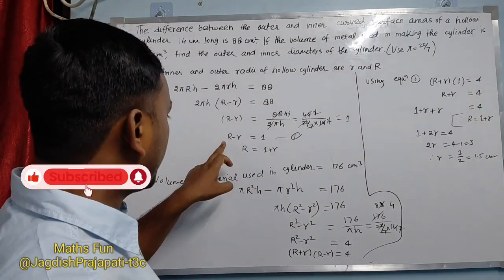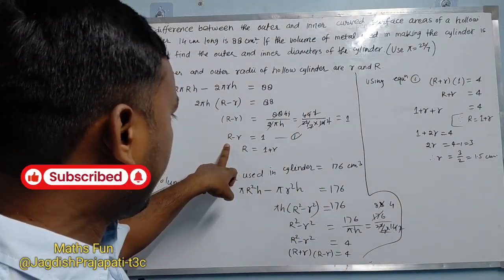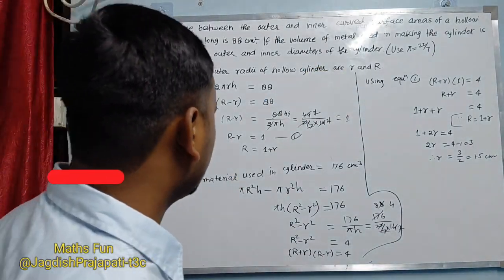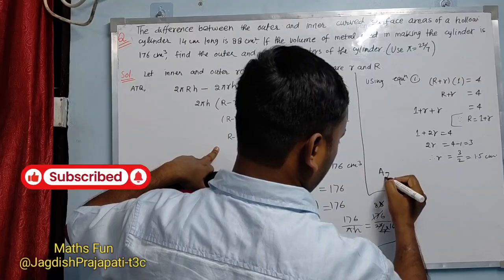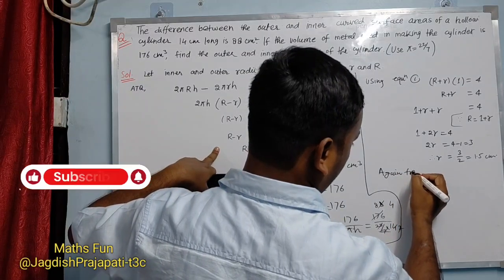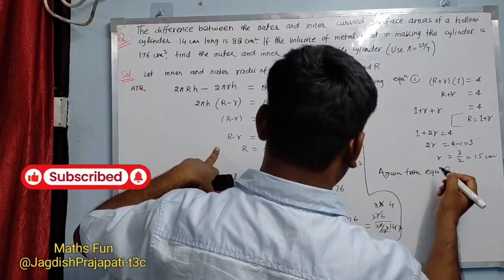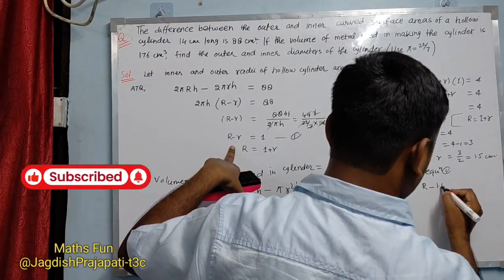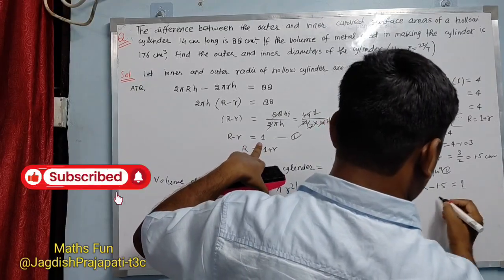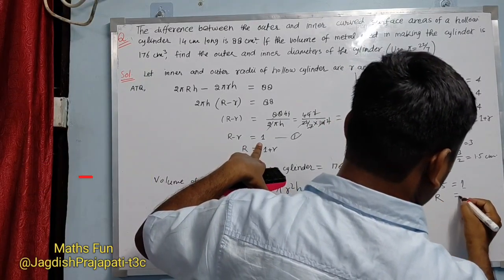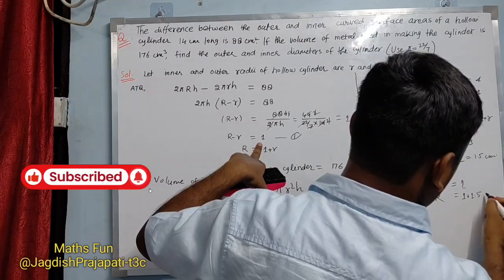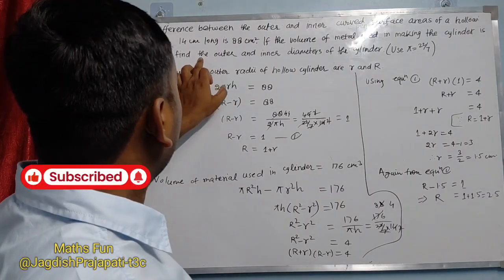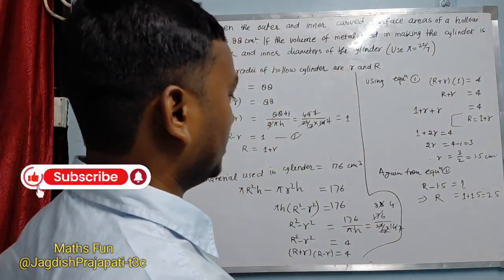So now use equation 1 again. So capital R minus 1.5 equal to 1. So capital R will be 1 plus 1.5, that is 2.5. In the problem it is mentioned to find the outer and inner diameters.